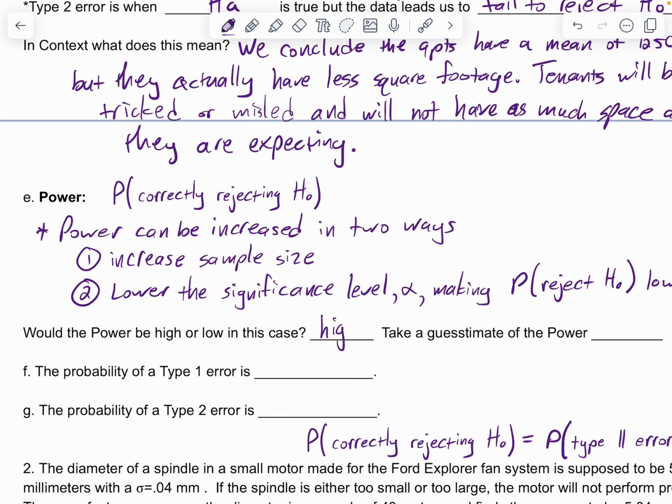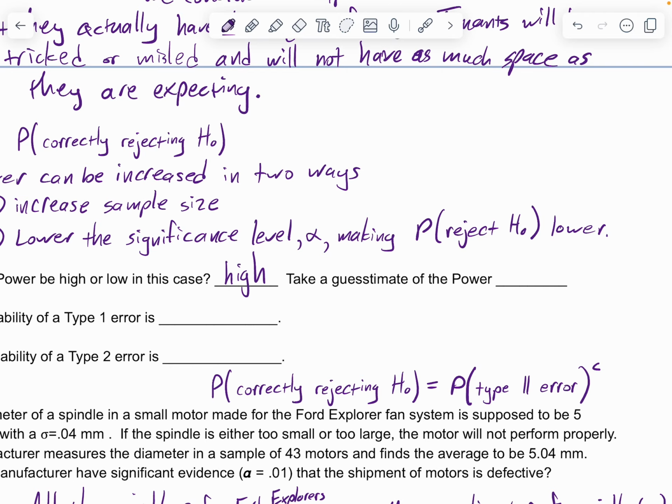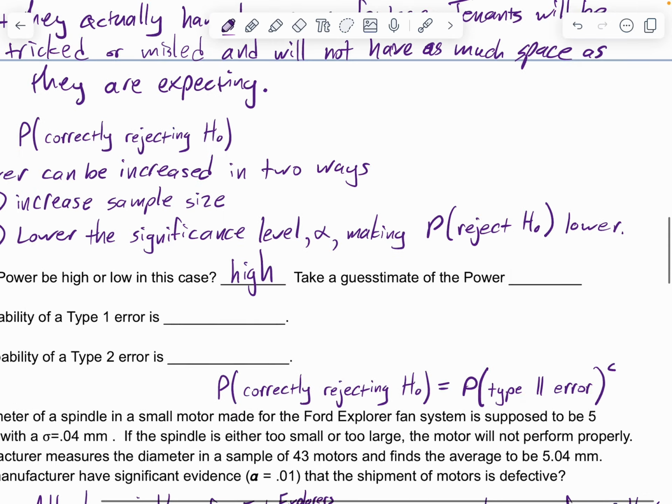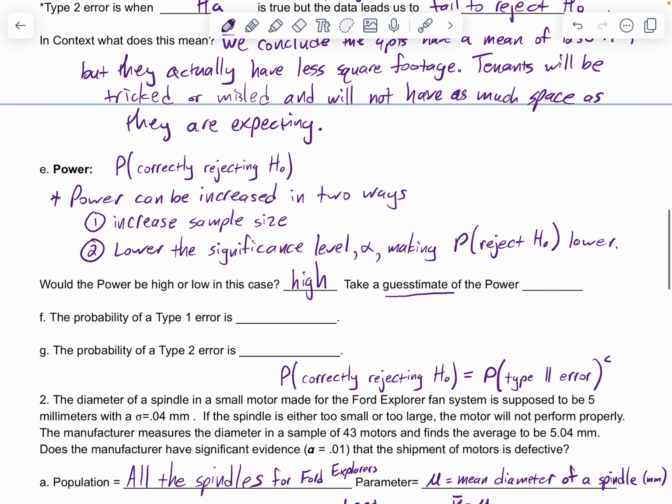So this is a bit subjective here. You're not going to find this number anywhere in your packet or in the calculator. Take a guesstimate of the power. Well, I'm feeling pretty good that I'm correctly rejecting the null, so say 99% probability that I'm correctly rejecting it.